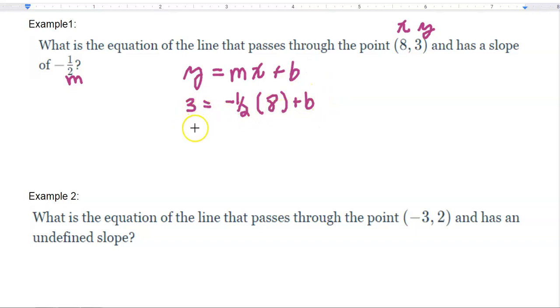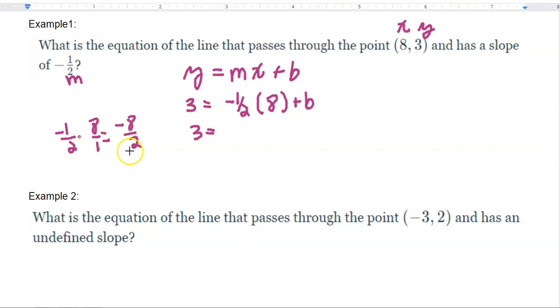Okay, let's simplify some things here. 3 equals -1/2 times 8. Well, that's the same thing as -1/2 times 8 over 1. Remember that's going to be multiplying across the top, so that's -8 over 2.